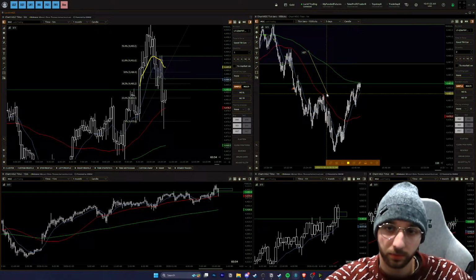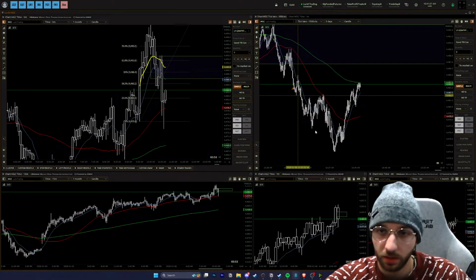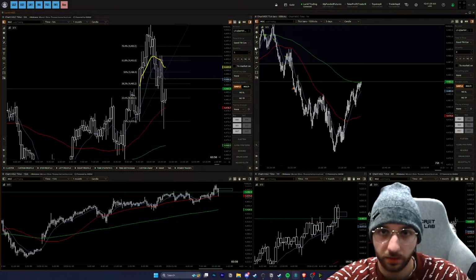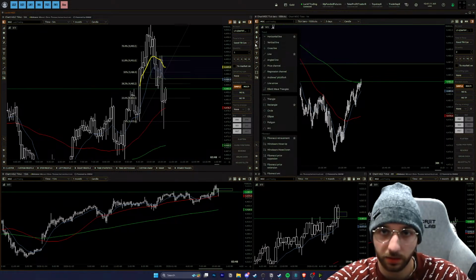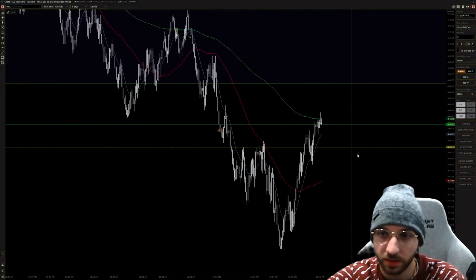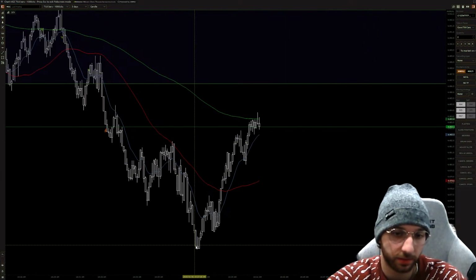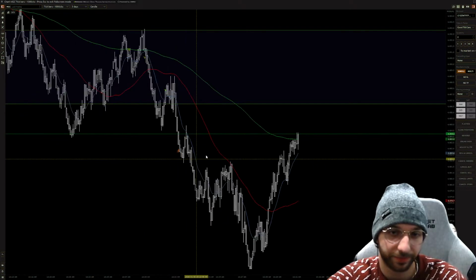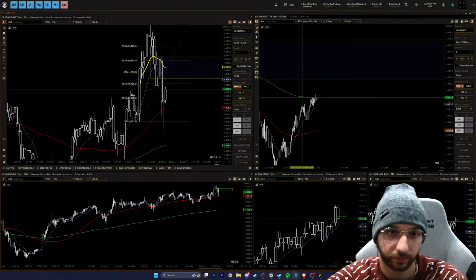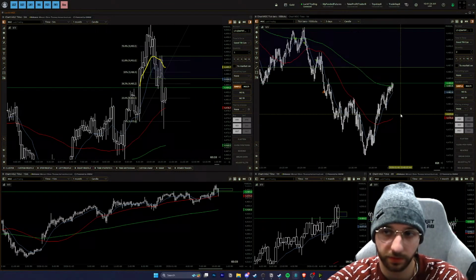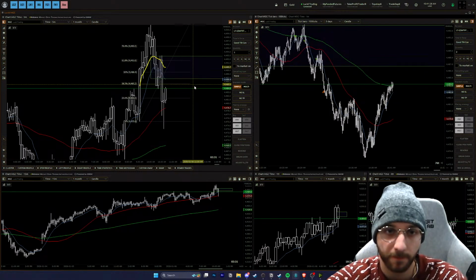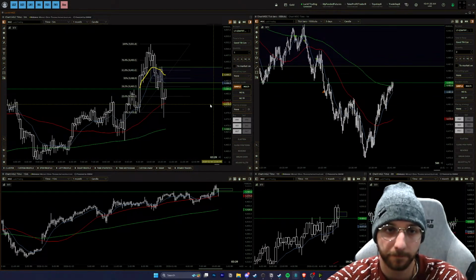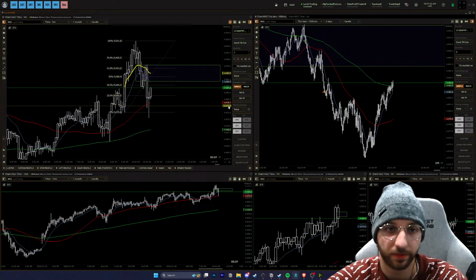We'll make a low, make a high, a low, a high. Can I draw on this? Can't draw. I don't know how to draw these. But we make a high, break the low, and then we break the high that we made before. 3-bar reversal on the 5-minute. See what happens.